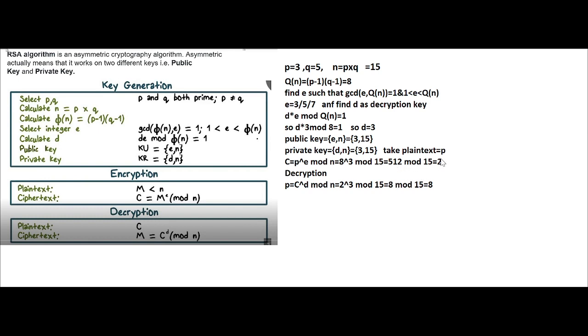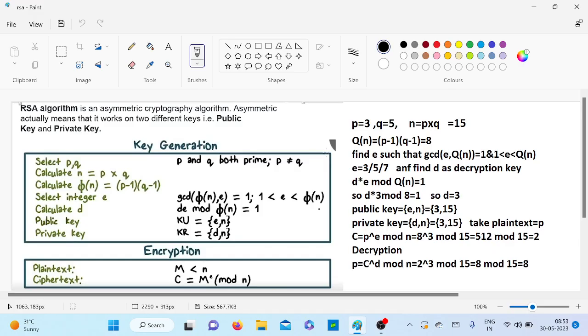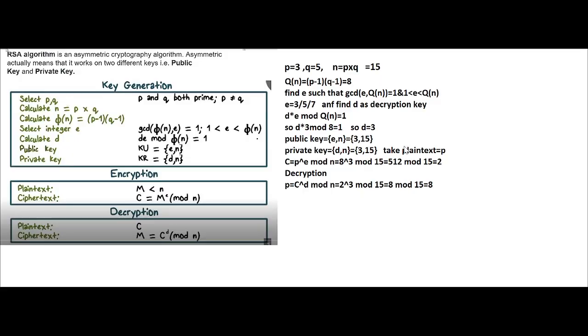That is, the ciphertext becomes 2. I take the plain text as 8, so this 8 becomes 2. Now if I decrypt this 2 with the formula C to the power D mod n, 2 cubed mod 15, I get 8.